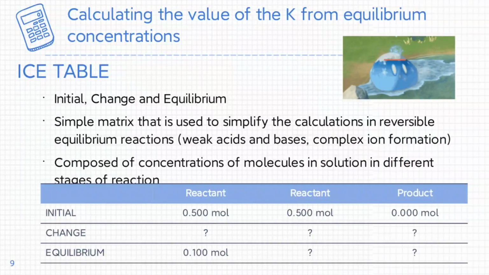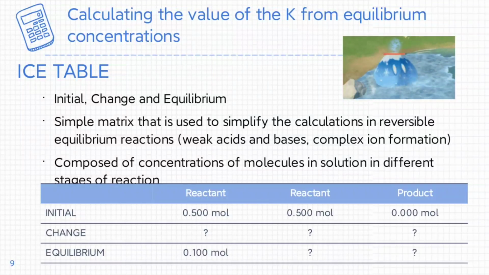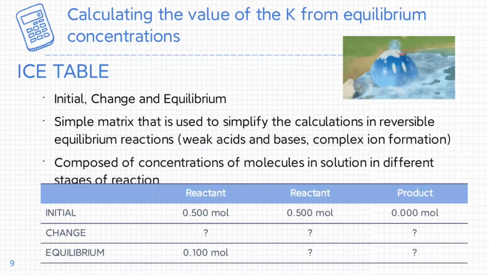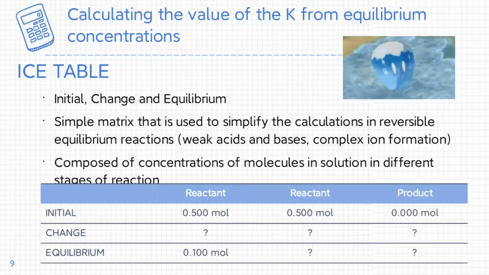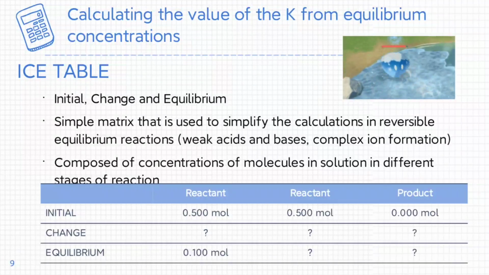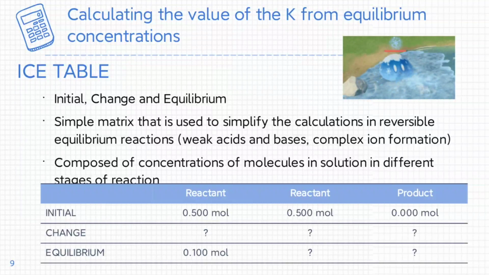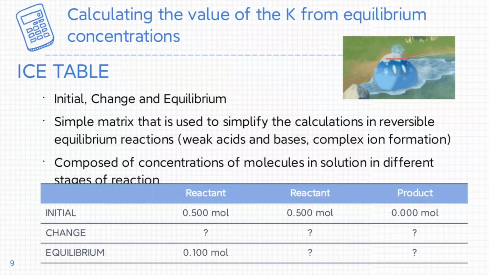Now the question here is, what if the equilibrium concentrations of each compound are not given sa problem, no? So if di binigay yung equilibrium concentrations, we need to perform the ICE, or yung initial, change, and equilibrium.